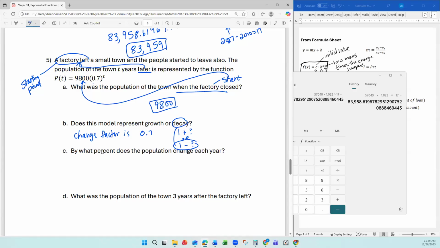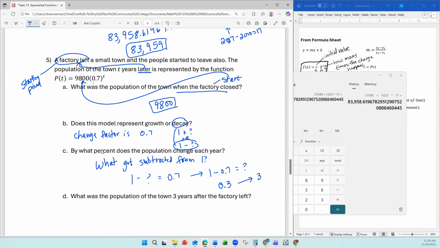By what percent does it change each year? What got subtracted from 1? So 1 minus what gets to 0.7? If you need to, you can rearrange that and say this is 1 minus 0.7 equals that unknown value. So that would be 0.3.